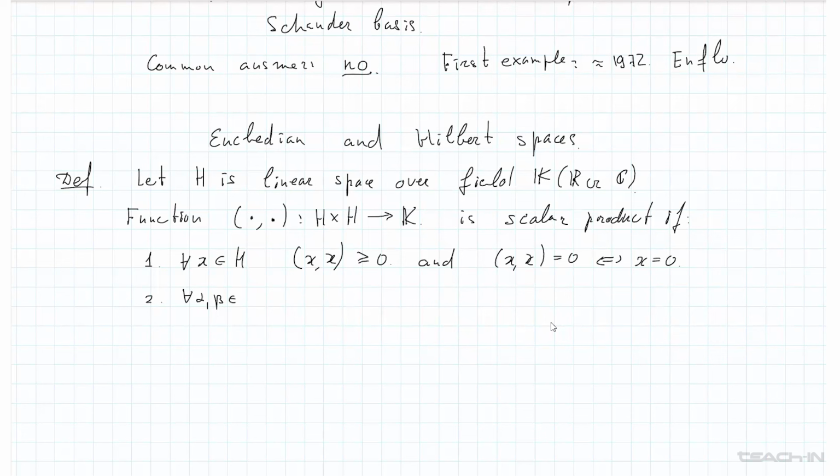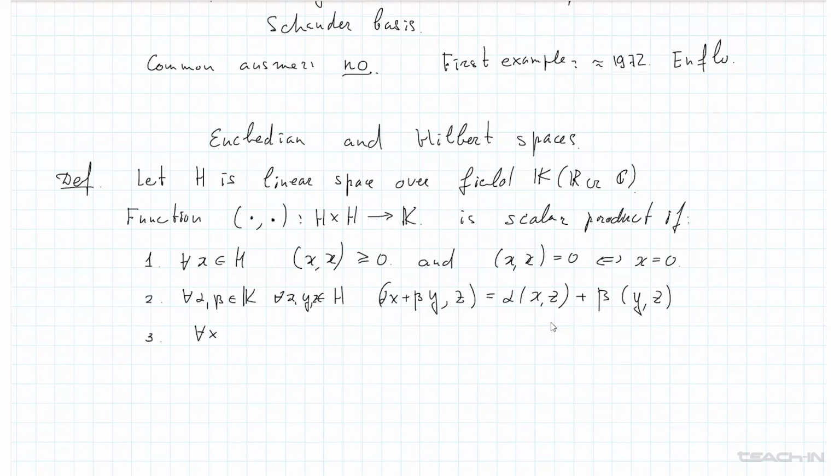Very often physicists like to define it as linear in the second argument, but I defined it as linear in the first: alpha x plus beta y, scalar product with z, equals alpha times x scalar product z plus beta times y scalar product z. And third, it is conjugate symmetric, or semi-sesquilinear.